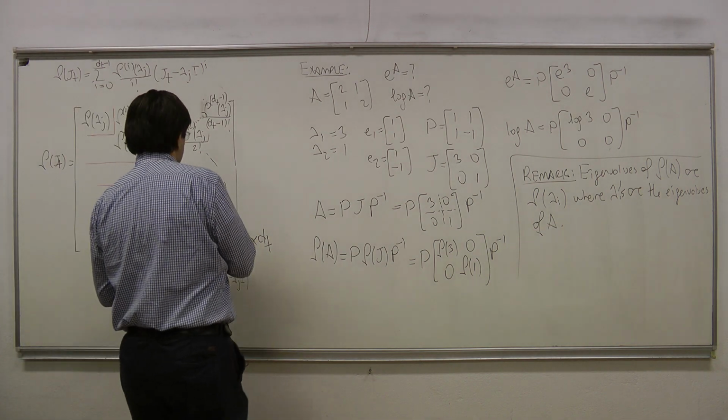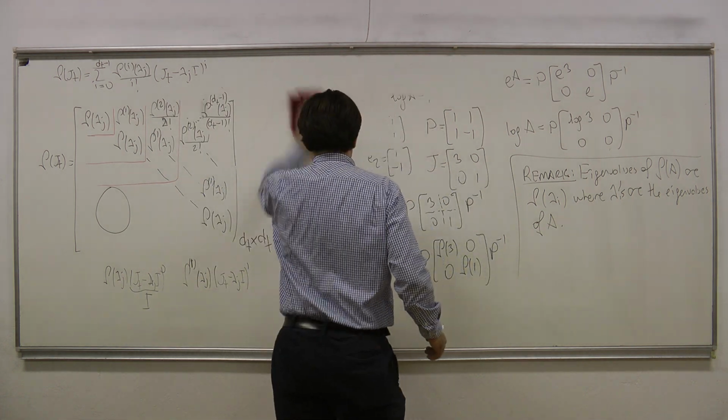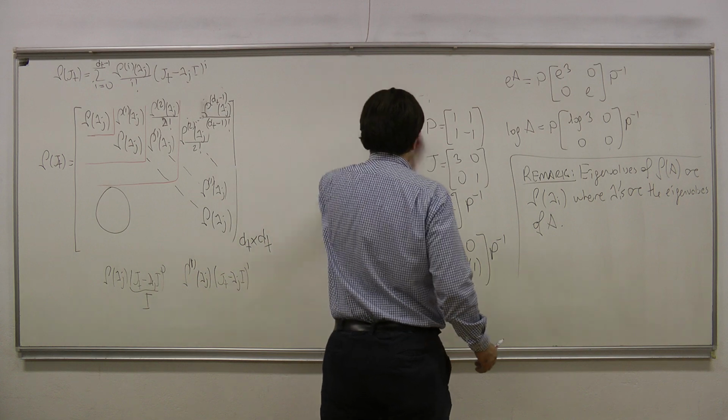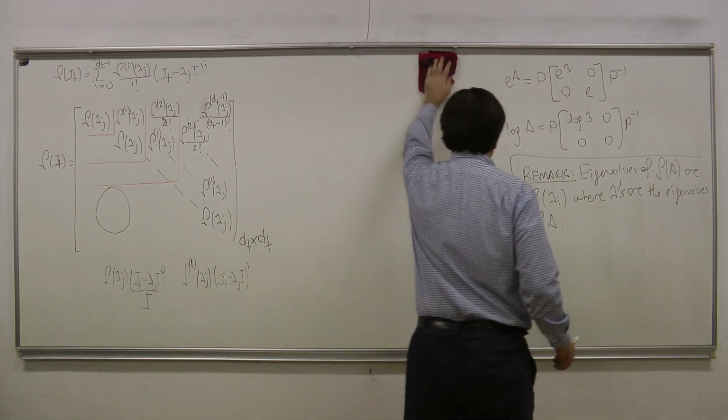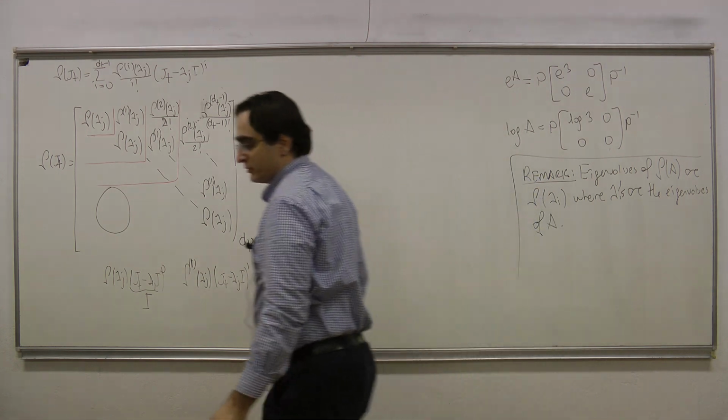Now let us look at a second example. The second example is going to be a matrix in Jordan canonical form.